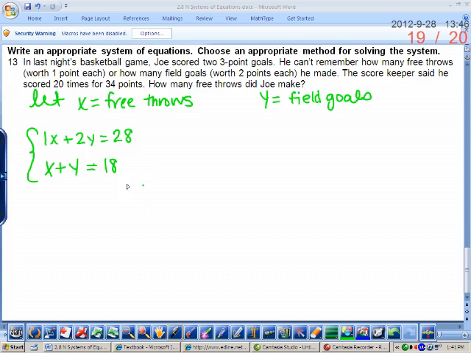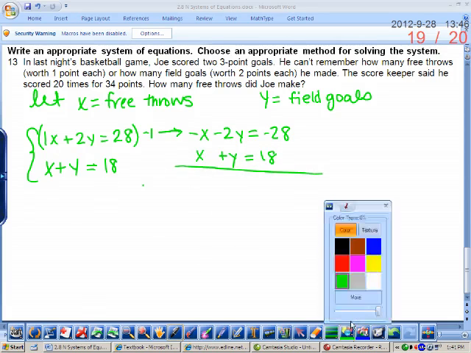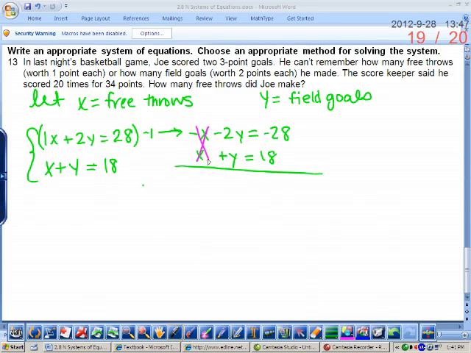Okay, so I'm going to multiply my top equation by -1. So I'm going to get -x minus 2y equals -28. And then x plus y equals 18. Add down. -x plus x, those cancel. -2y plus y, -y. -28 plus 18, it's -10.